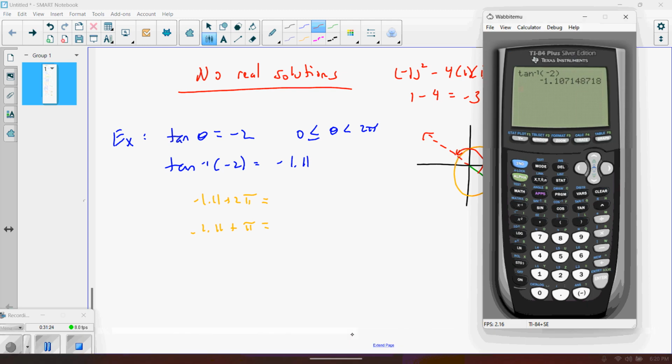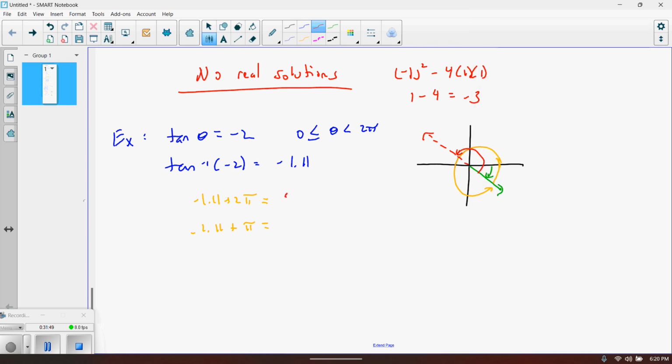Pull the calculator back out there. So we would do negative 1.11. Oops, it's supposed to be negative 1.11. There we go. And we will add 2 pi. So one of the places would be 5.17. Okay, that's that one right there.